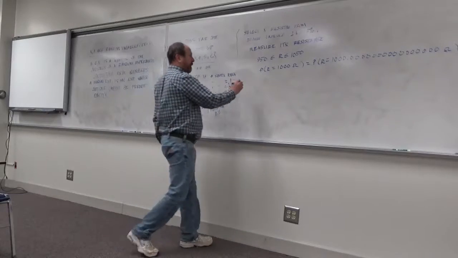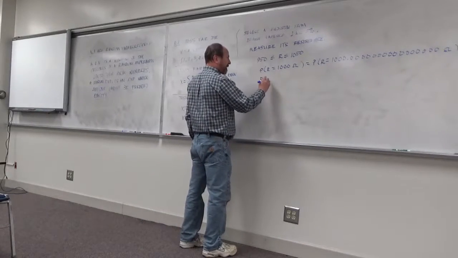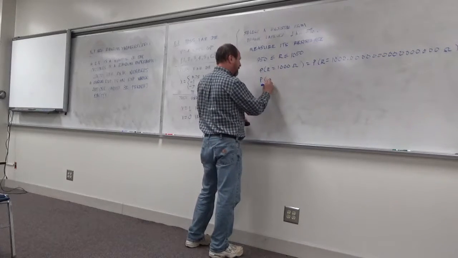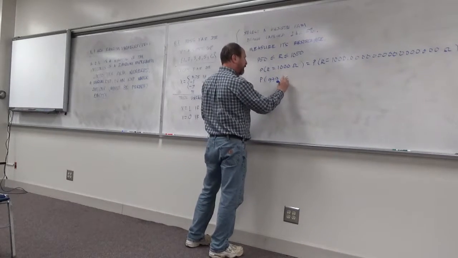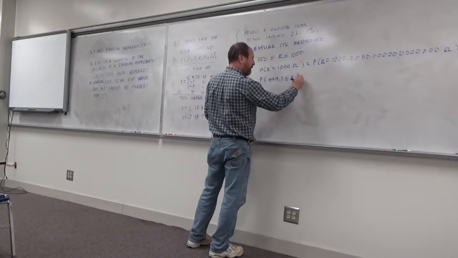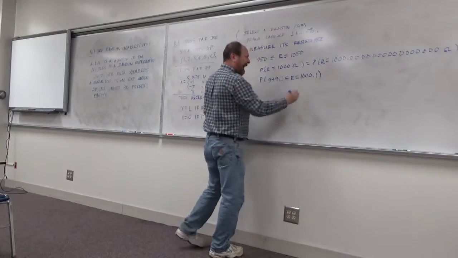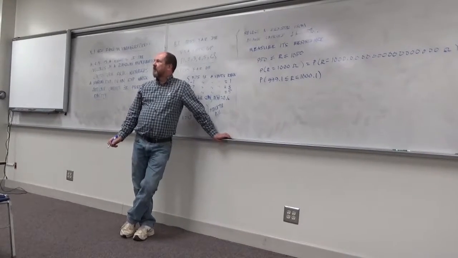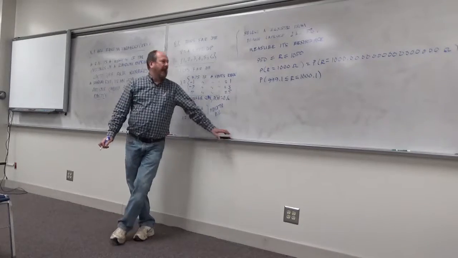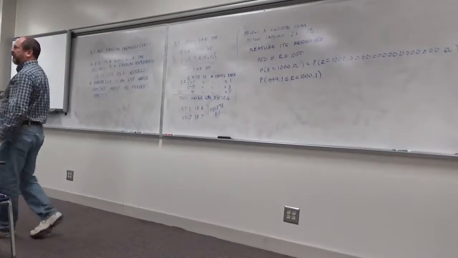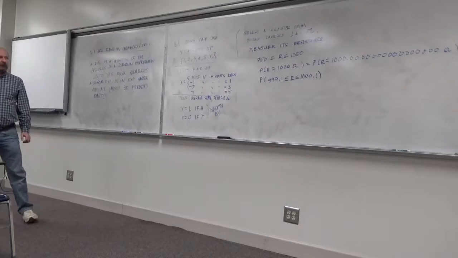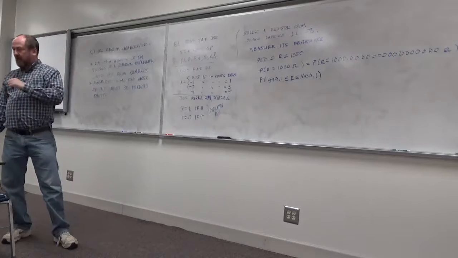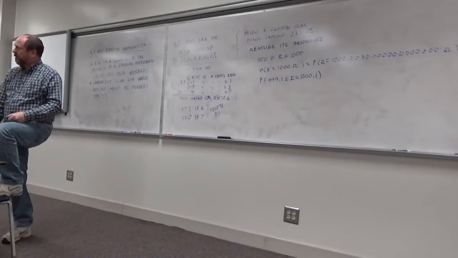I could ask something like this. What is the probability that, let's say, 999.1 is less than or equal to R is less than or equal to 1,000.1? And that probability is not 0. It's pretty small, but it's not 0, right? Because it's in a finite range. And so, equal to a particular value, the answer is going to be 0 here. We'll talk about how to calculate that later, and it's not that difficult.